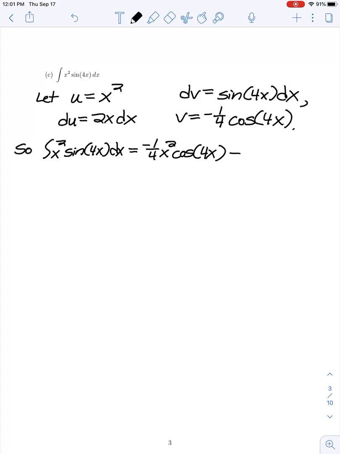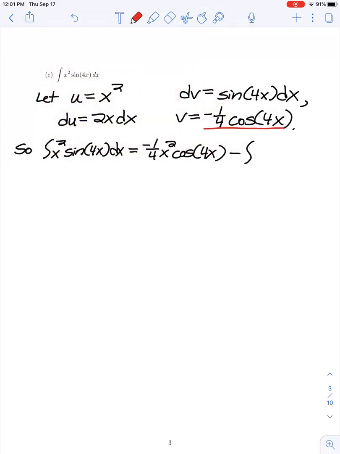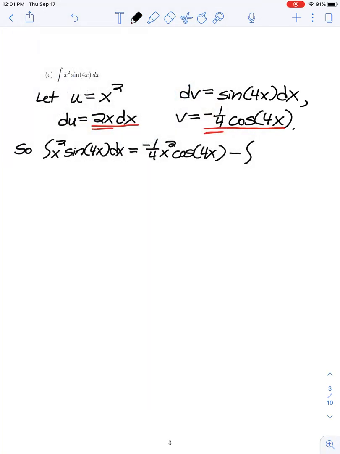Okay. So let's see what we have here. Taking v times du, let's start by grouping the constants. So we have a negative 1/4 times this 2x, which would give us negative 1/2 x. But here, since I was subtracting this quantity, subtracting that negative 1/2 will become a plus 1/2 of that x times cosine of 4x and a dx term.